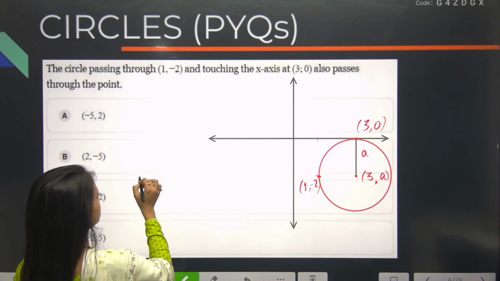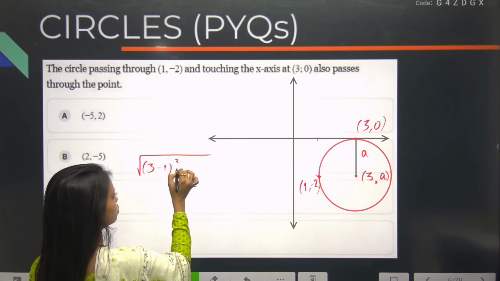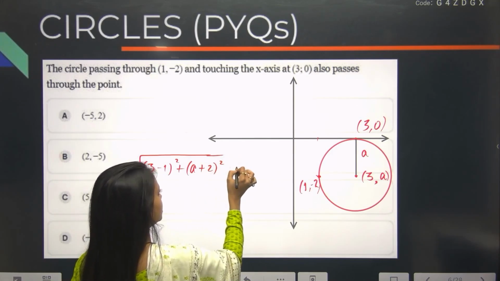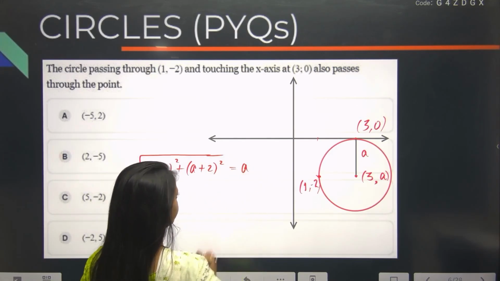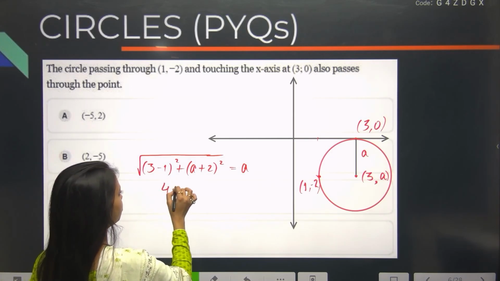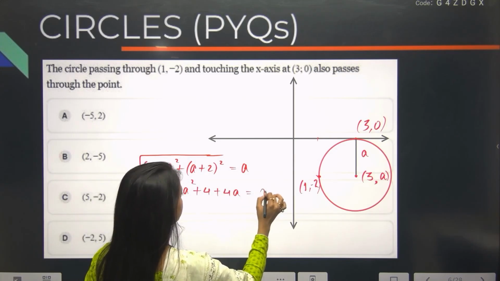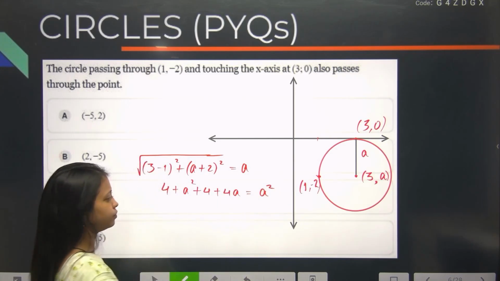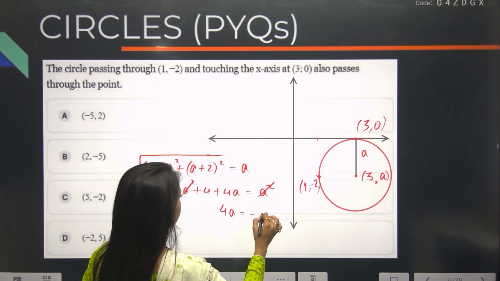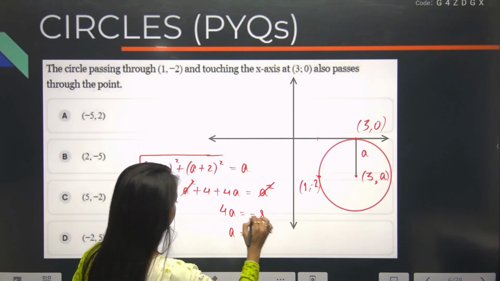So find the distance. The distance between 3 minus 1 whole square plus a minus minus 2 whole square is equal to a. Distance formula, which is 4 plus a square plus 4 plus 4a is equal to a square, right? 4a equals minus 8, a equals minus 2.